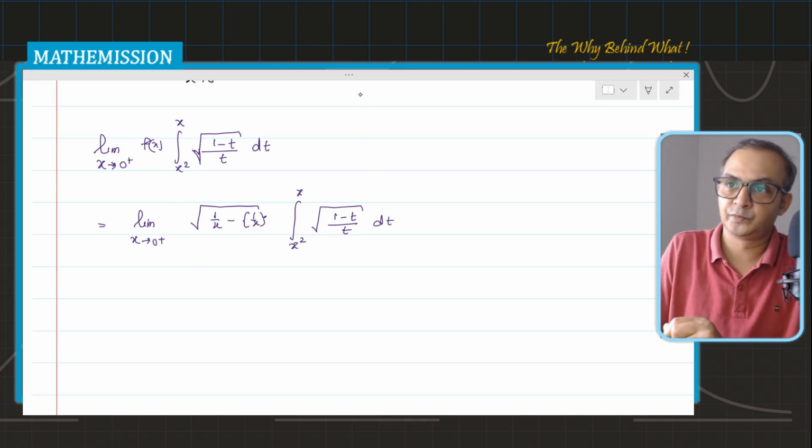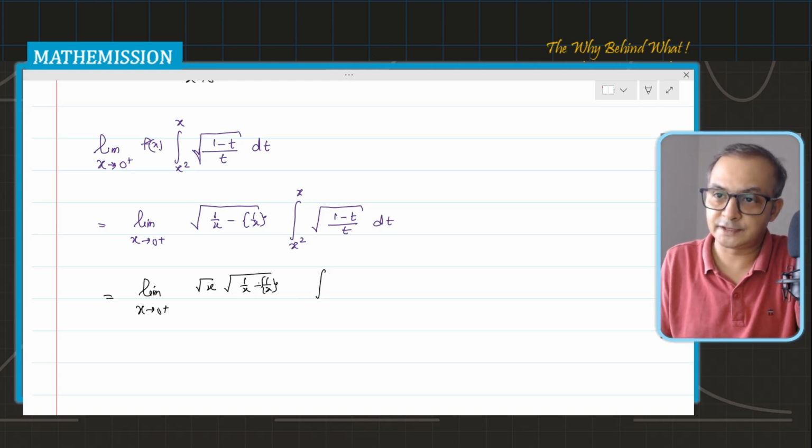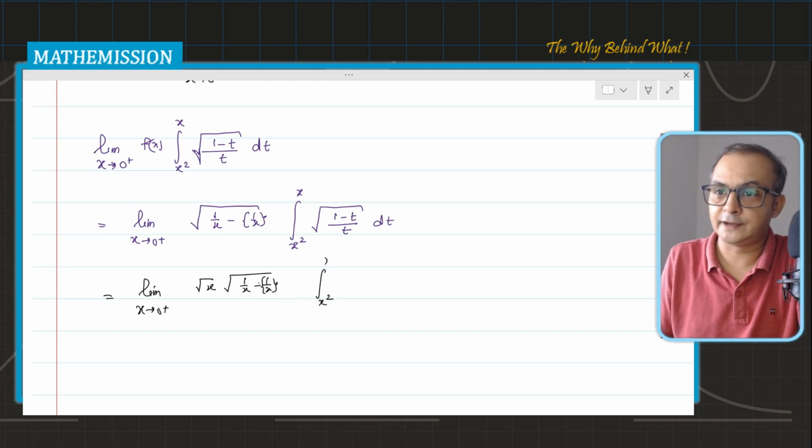We can do it. So we notice that the limit x tends to 0 plus, I am multiplying with root x, and this is 1 by x fraction part of 1 by x, and to compensate it, I am dividing by the same quantity.